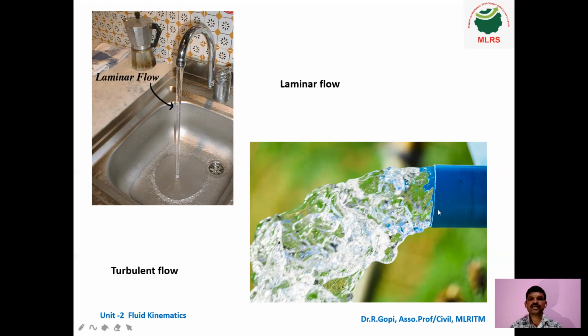But in the case of this pipe, due to the high discharge of water, you can see each fluid particle is moving in a zigzag manner. This is the best example for turbulent flow. If you want laminar flow, you must reduce the velocity. If velocity is more, it will automatically change, with the fluid particles moving randomly or in a zigzag manner, and it becomes turbulent flow.